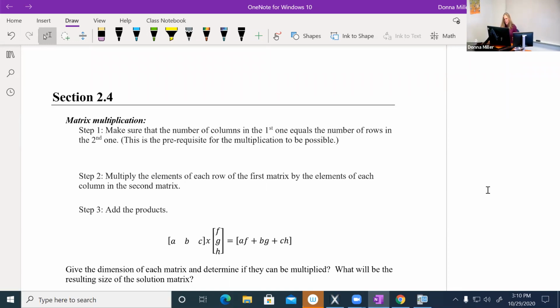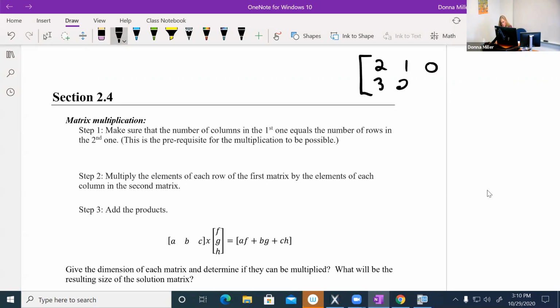The thing about matrices, a matrix is just basically a table of numbers surrounded by square brackets. That's all it is. So if I just write a matrix, basically what you've got is a table of numbers surrounded by two squarish kind of brackets.